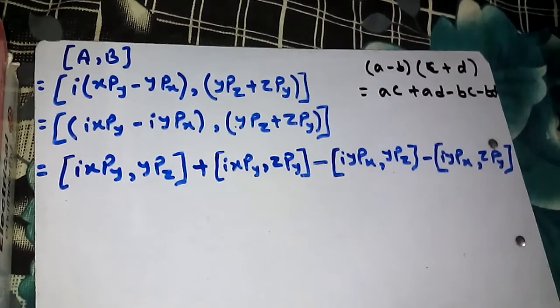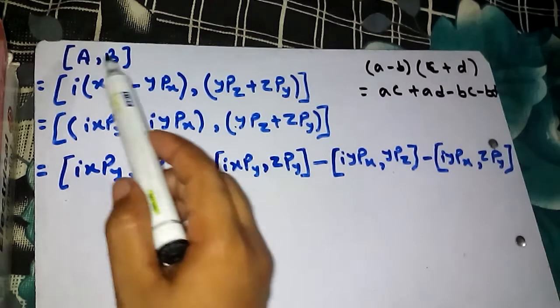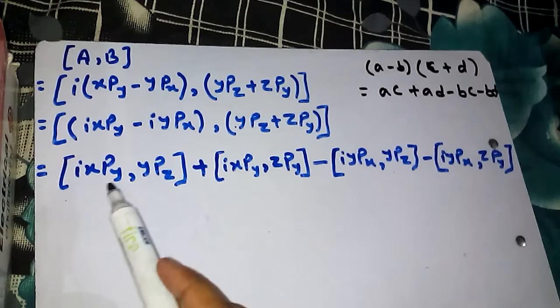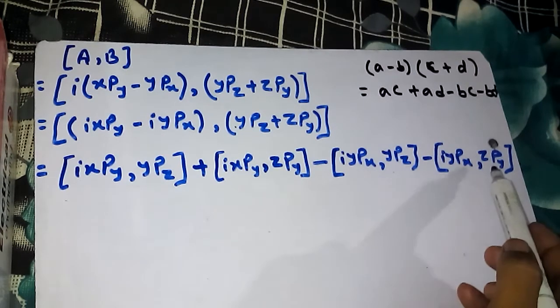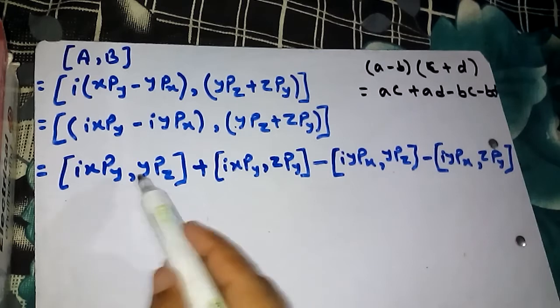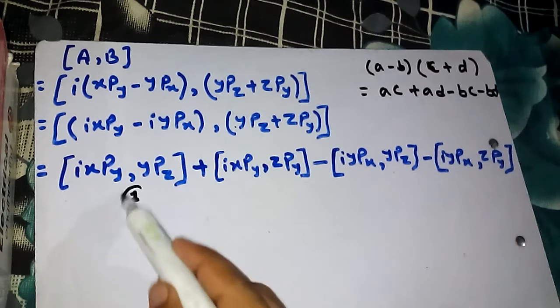So we have these four commutation relations, and now you can understand that if we want to find the commutation of AB, we need to find this commutation, this commutation, this commutation and this commutation. So we will find each individually: let us name them 1, 2, 3 and 4.